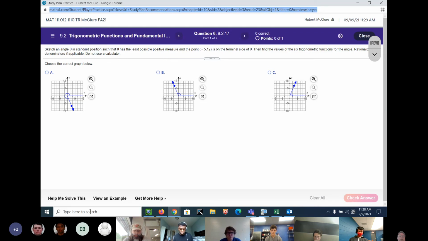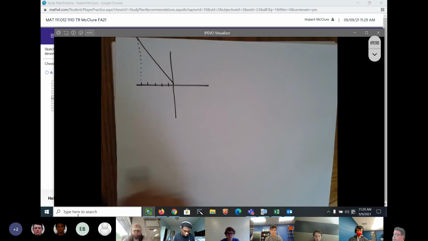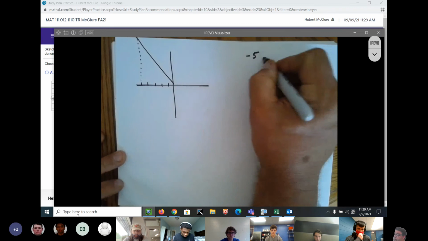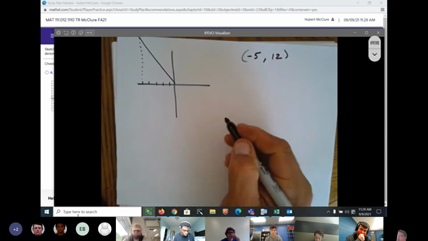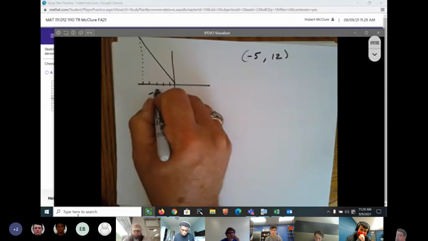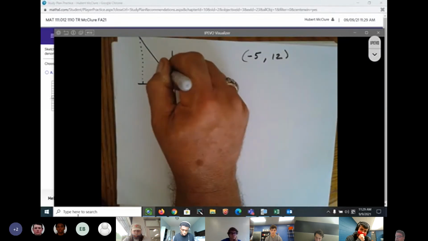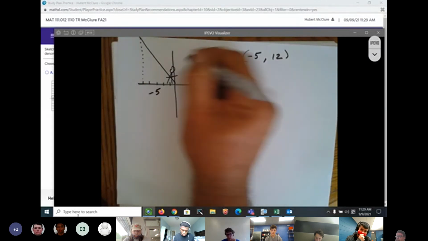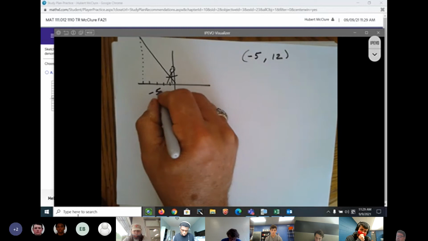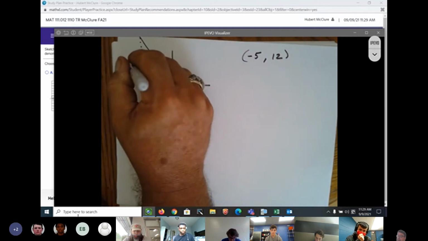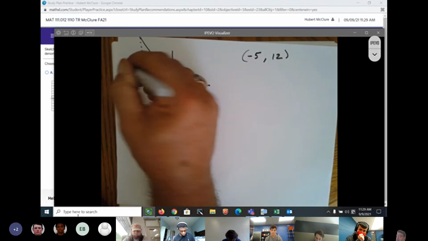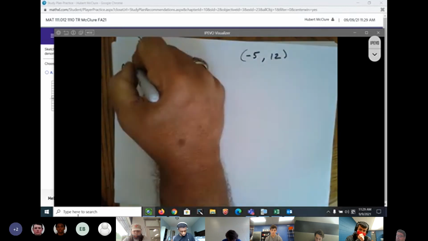And there is our -5 and 12. So -5 is our adjacent because our little man is right here. So that's equal to adjacent. Therefore, this is equal to opposite. Opposite is equal to 12.